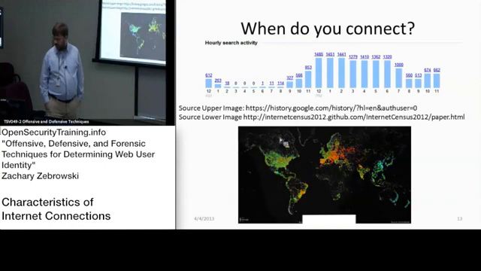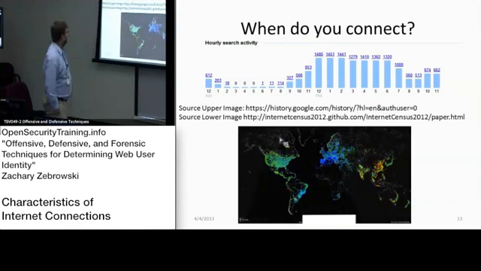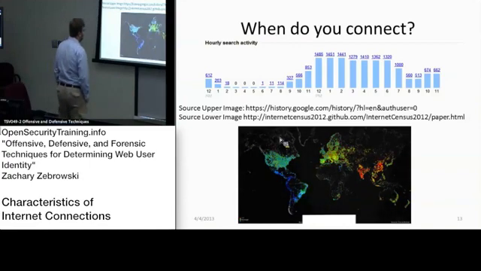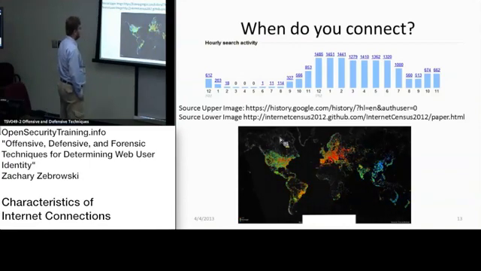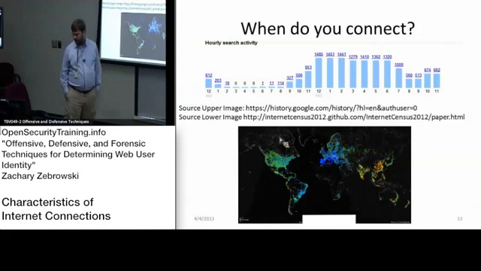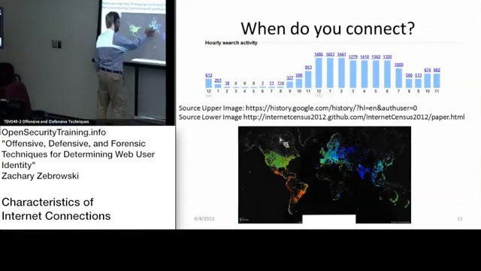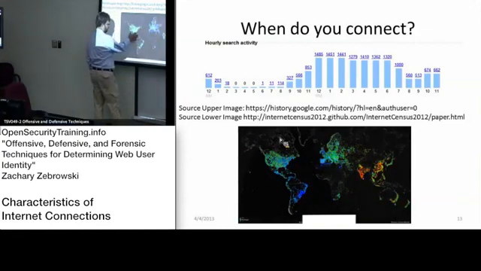When you connect is another way that you can identify users. This image here, which unfortunately isn't coming out super well, maybe if you have this presentation open on your local desktop, you can see it a little bit better. There is a sliding window of the sunlight going through.